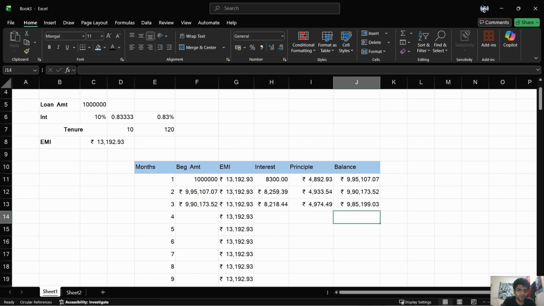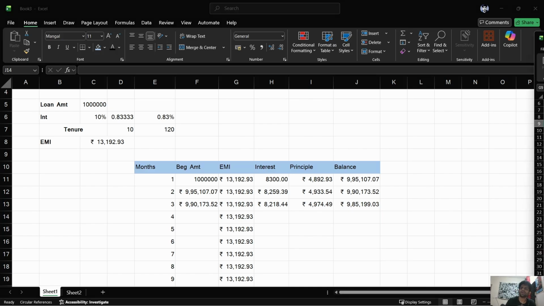Before going on, what I would like to do is lock the same amounts, whatever is common. Locking, in the sense, is so that we can drag it easily. Whatever the common numbers are, we would be locking them.